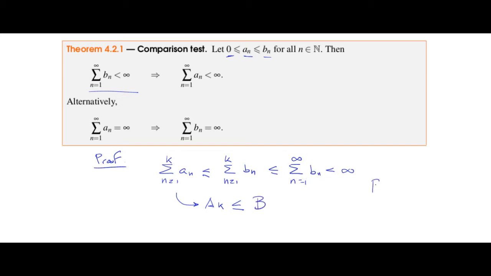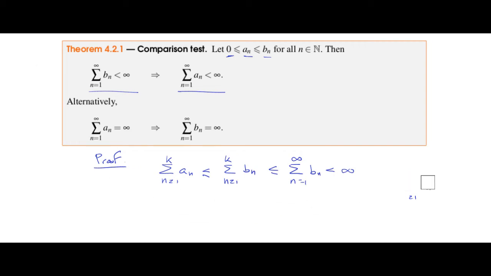Okay, if we call capital B equal to the sum from n equals 1 to infinity of B sub n, this is the value of the series, then every partial sum A sub k is bounded by B. Okay, so A sub k is a sequence of increasing terms, we just said, and it's bounded above by capital B. So that means this thing will have a limit. Okay, so that's the implication. The sum here will be smaller than infinity.